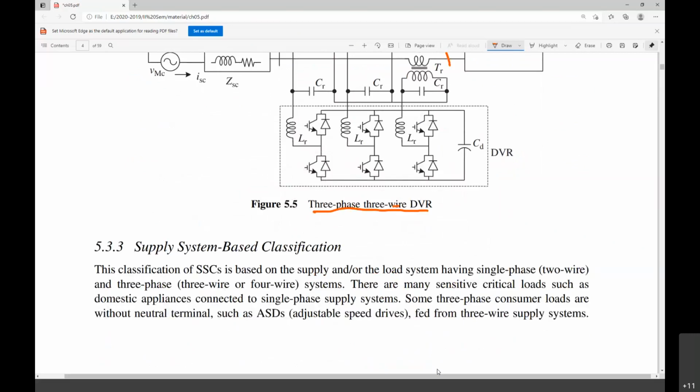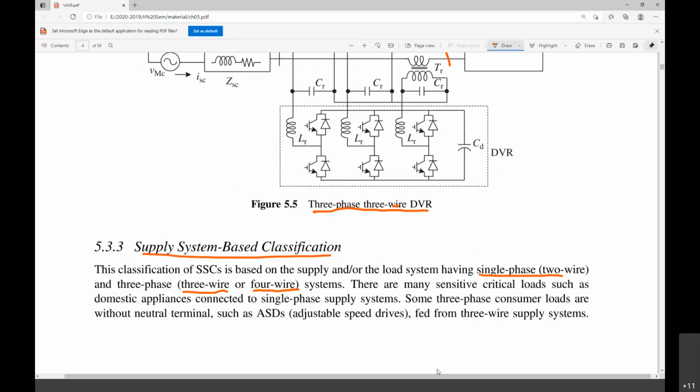Based upon the supply system classifications, that is, when you have a three-phase three-wire system and a three-phase four-wire system, we have seen the single phase two-wire, that is phase and neutral also. We have also seen the three-phase three-wire system.